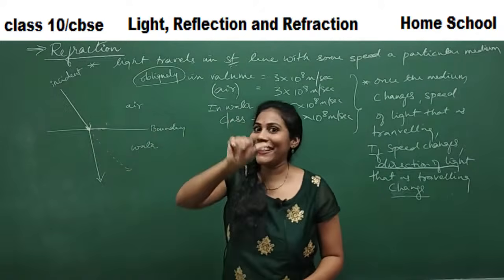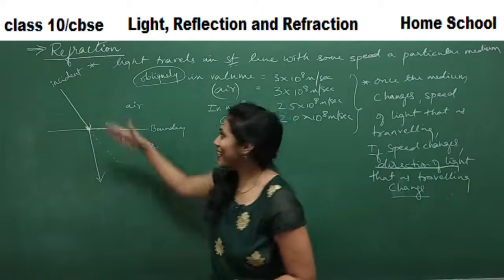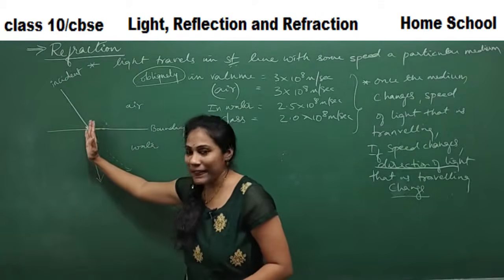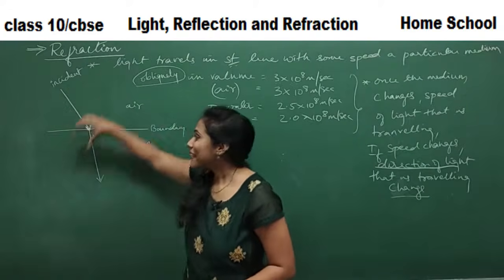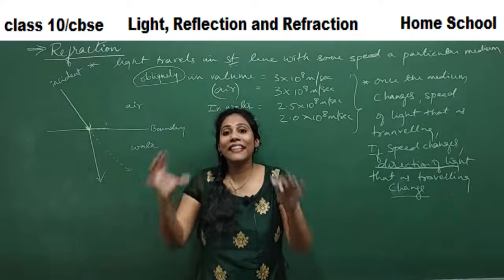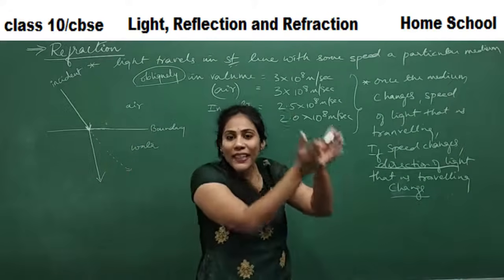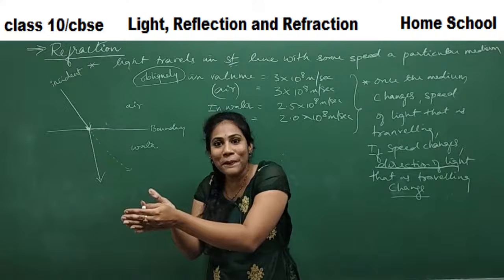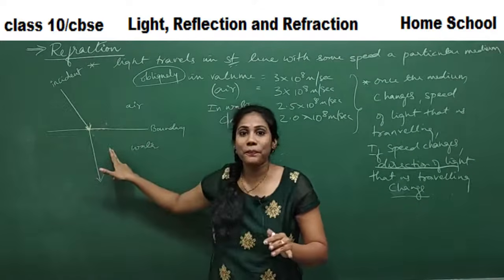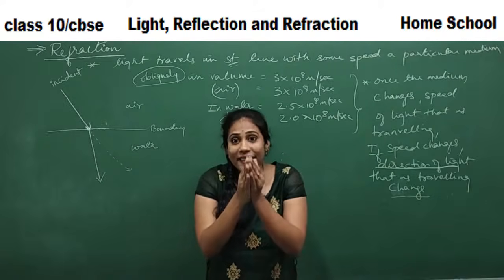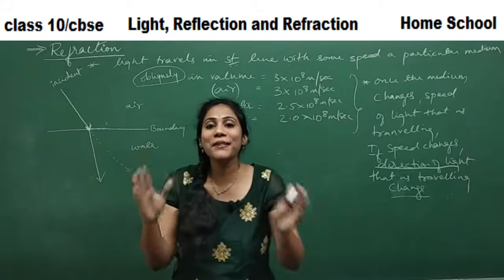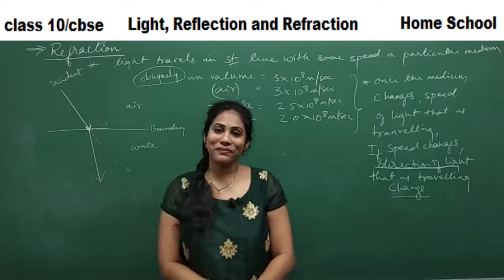Bending of the light ray is taking place. See, the light ray is not traveling in a straight line, guys. It has bent. This bending of light, when light is traveling from one medium to another medium, this change in the direction of light is called refraction.